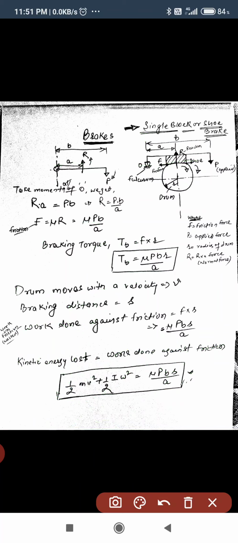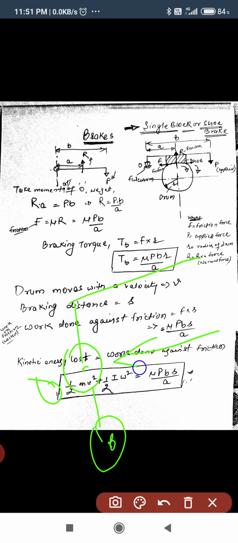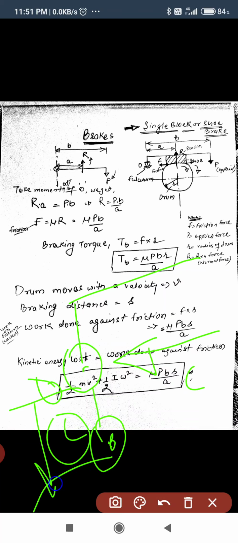But if the fulcrum point is below the original point O, that is below this frictional force, and the distance is C or something else, here also we have a moment about this.